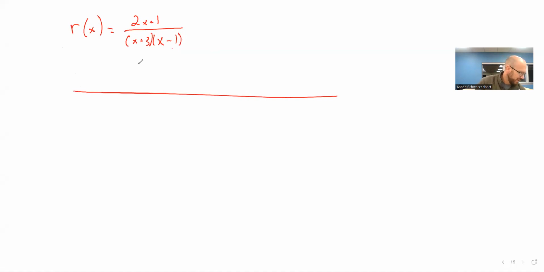We're going to find when it's 0, undefined, positive, negative. So when it's 0, that's when the numerator is 0. That's -1/2. When it's undefined, that's when the denominator is 0, 1 and -3.